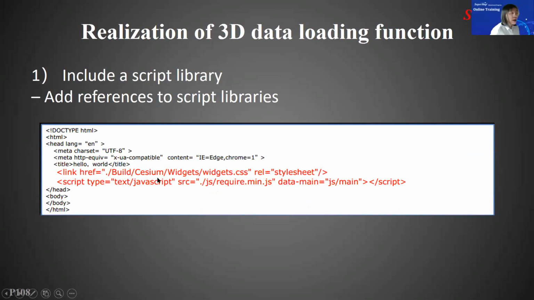For this, we have to add a CSS file that defines the styles of the Cesium globe. So we add this CSS file, claim it like this, and add the JS requirement and claim the main.js.